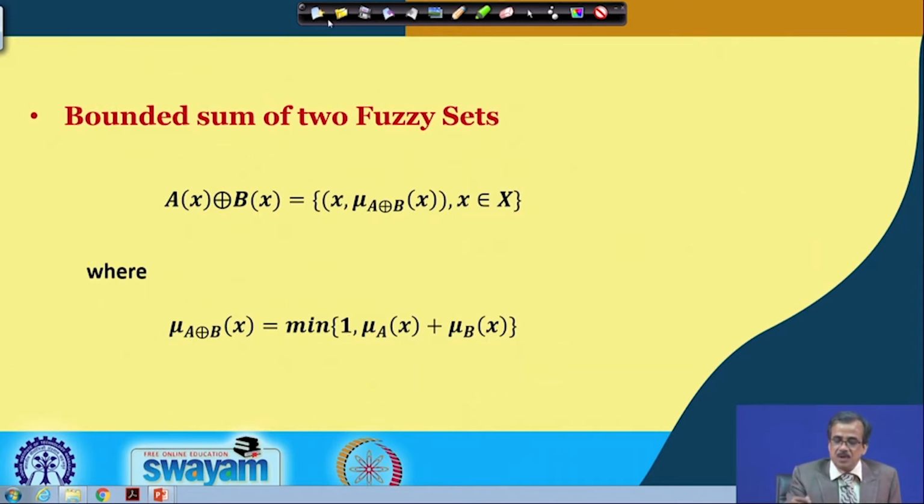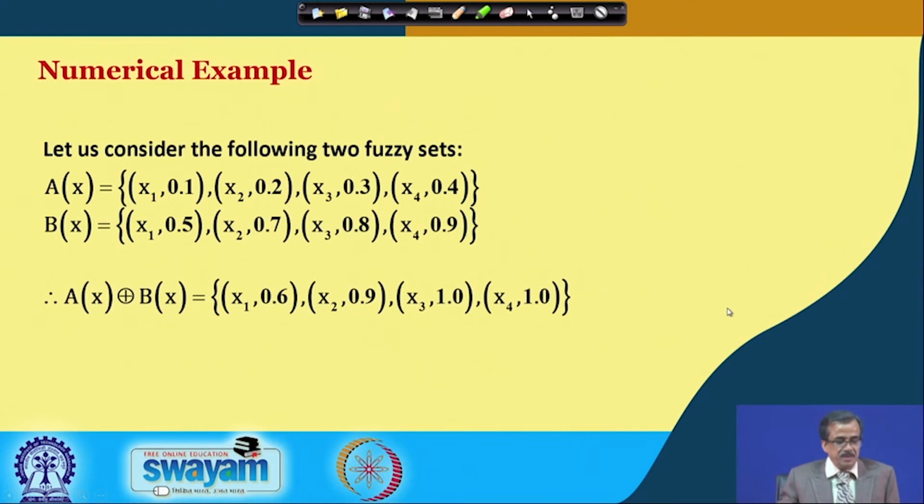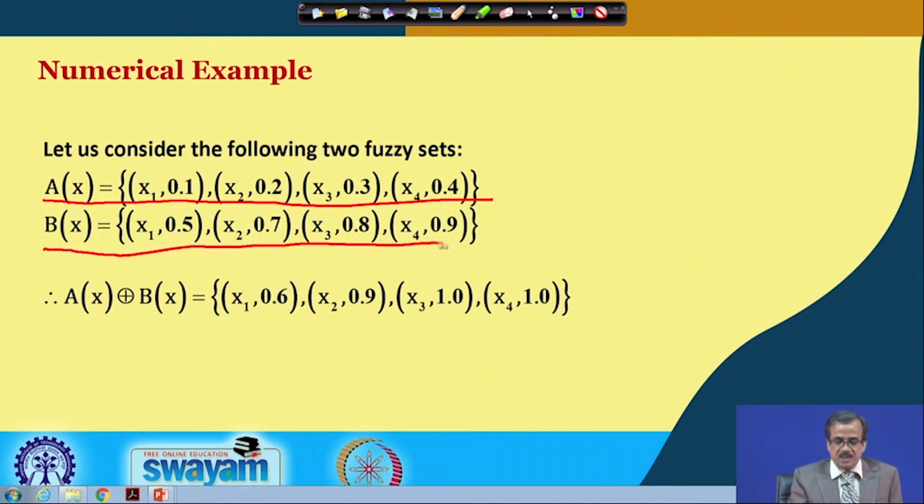Now, let us see how it works, and let me solve one numerical example here for this bounded sum. Supposing that A(x) is a discrete fuzzy set like this, and B(x) is another discrete fuzzy set like this.